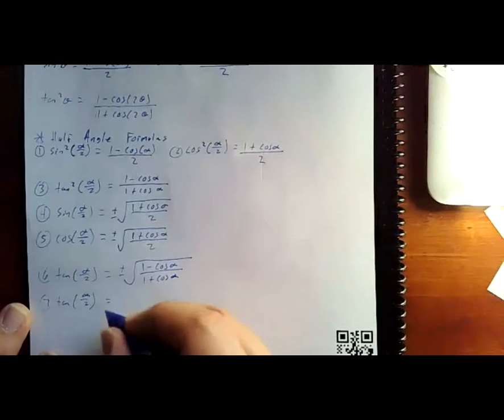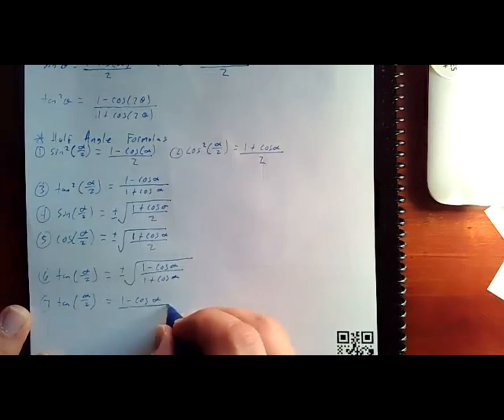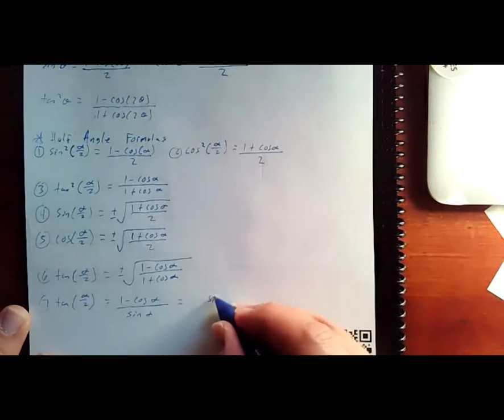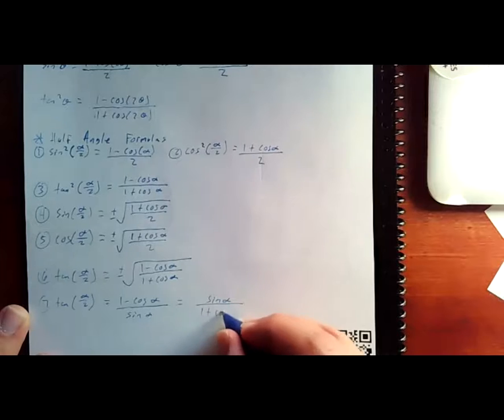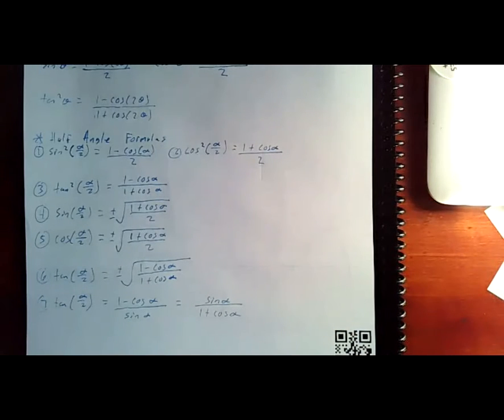This will be equal to 1 minus cosine alpha over sine alpha, or you could use sine alpha over 1 plus cosine alpha. Okay, so those are all the formulas.